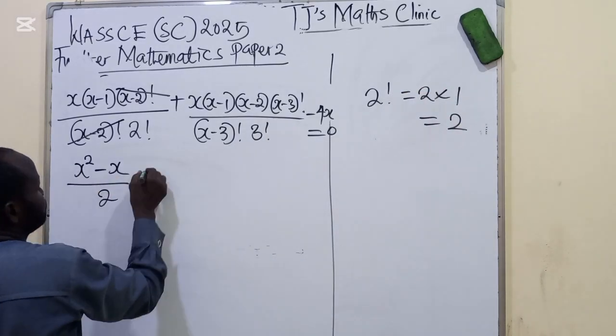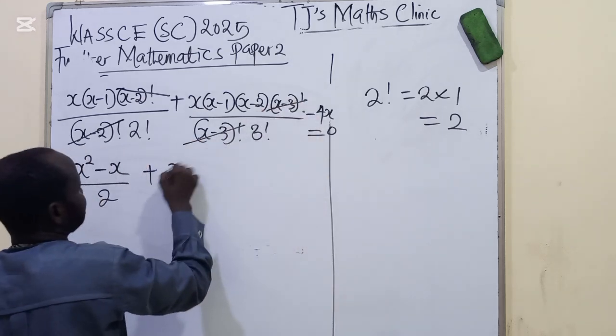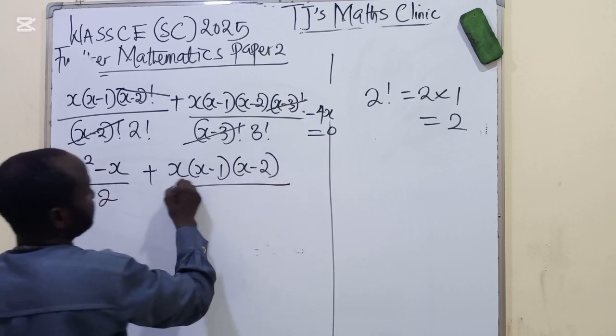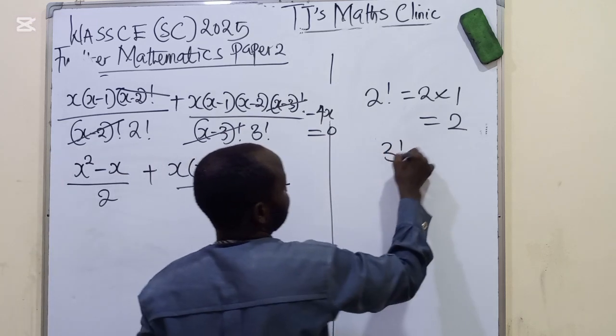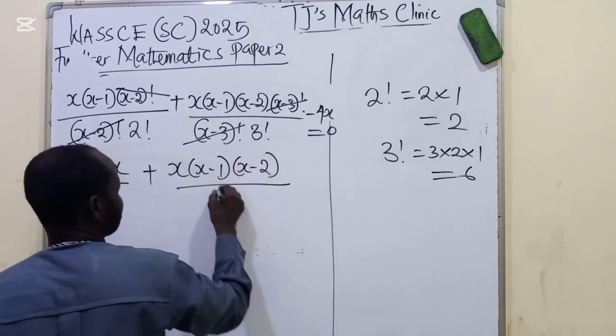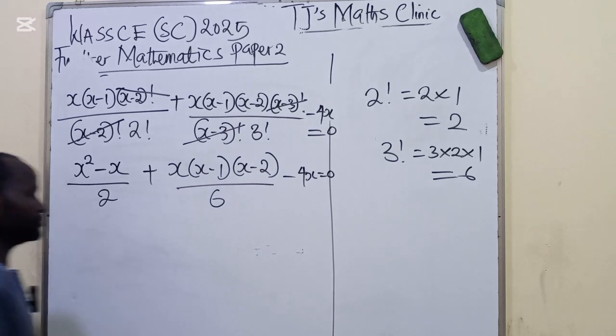So divided by 2, plus, this will cancel out. We're having x into x minus 1, x minus 2, divided by 3 factorial, meaning 3 times 2 times 1, which is 6, divided by 6, minus 4x equals 0.